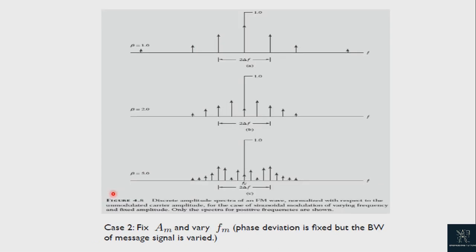Case second: by fixing the value of the amplitude A_m and varying the frequency f_m, phase deviation is fixed, but the bandwidth of the message signal is varied with the increment in the value of the modulation index beta from beta is equal to 1 to beta is equal to 2 to beta is equal to 5.